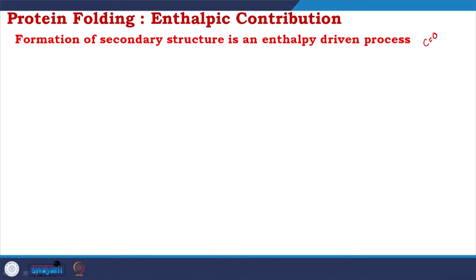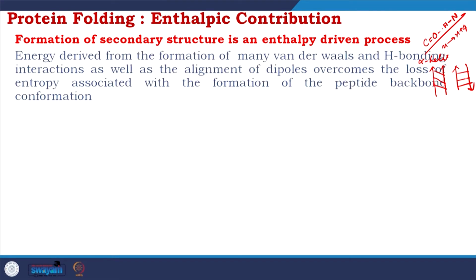If you think mainly about the main chain, there is CONH; for alpha helix, it was N to N plus 4; for parallel beta sheets, it is having angles; for anti-parallel, it is straight. So, there are so many hydrogen bonds.